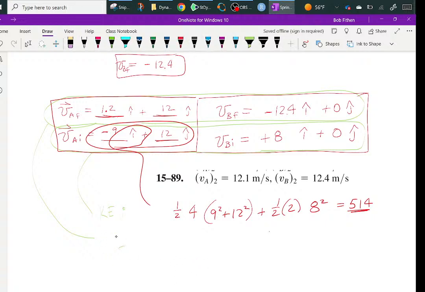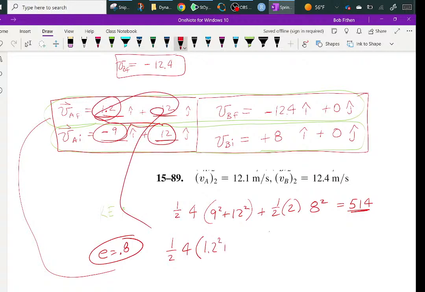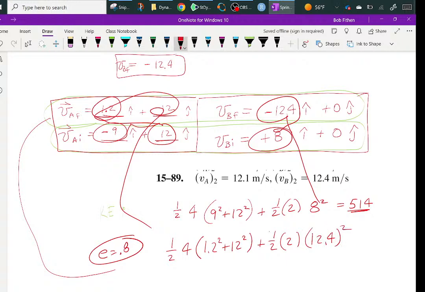But for the kinetic energy final, this is for E equal to 0.8. So we should be losing some energy here. And so if I did this and looked at the final state, I'd have 1/2 4 times, instead of 9 and 12, I'd have 1.2 and 12. 1.2 squared plus 12 squared plus 1/2 2 times, instead of 8, I'd have that 12.4 squared.